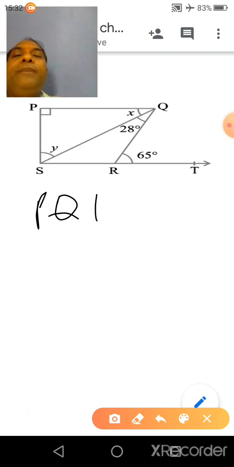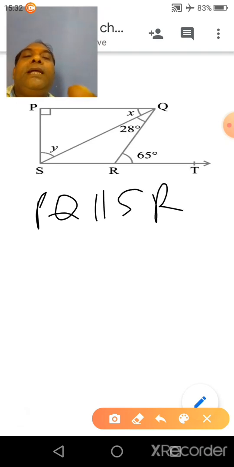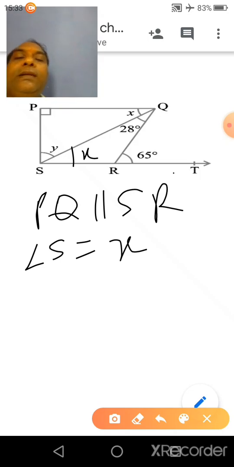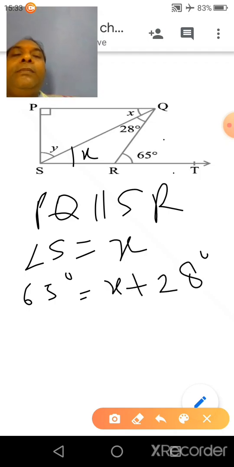Because line PQ is parallel to SR. Clear? PQ is parallel to SR, so angle S will be equal to X, means this angle is equal to X. Clear? Now 65 degree will be equal to X plus 28 degree, because exterior angle is equal to sum of opposite interior angles.